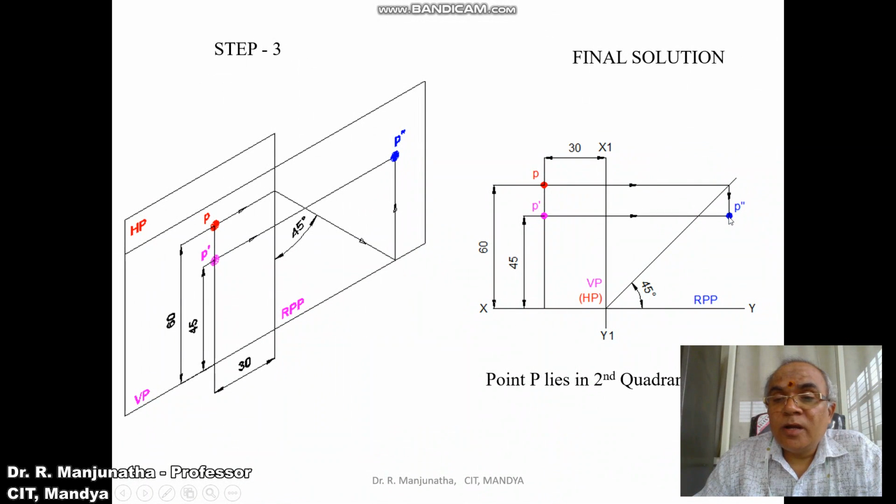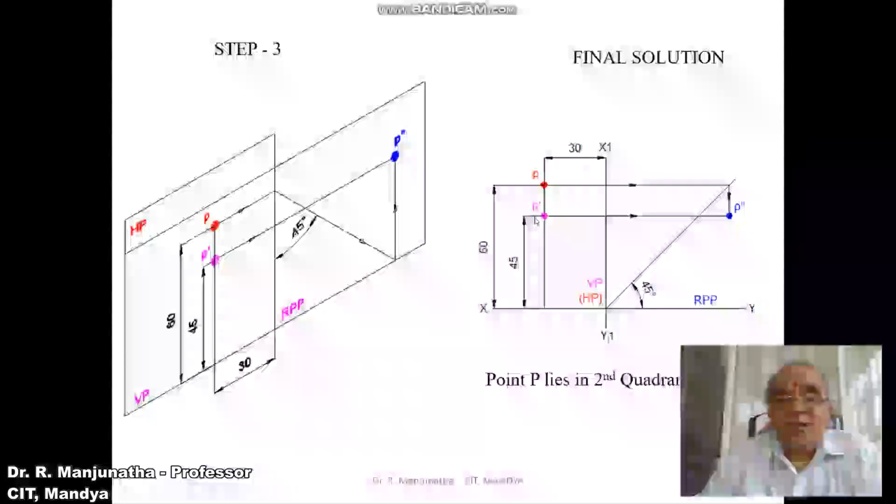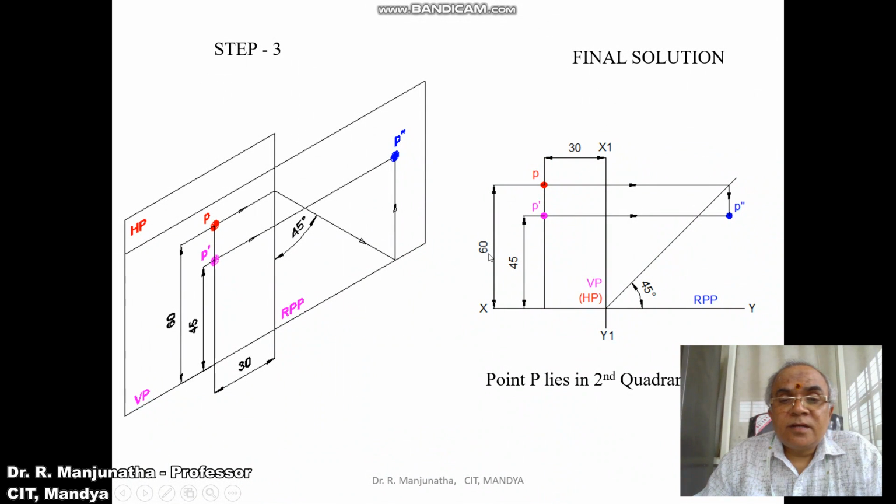So you get this point, and you mark this point as P double dash. Then give the dimensions: above HP of 45 mm, behind VP of 60 mm, behind RPP of 30 mm.